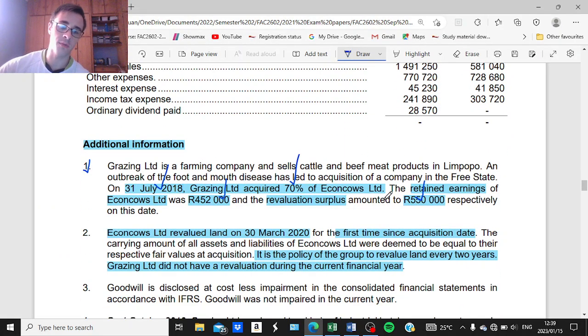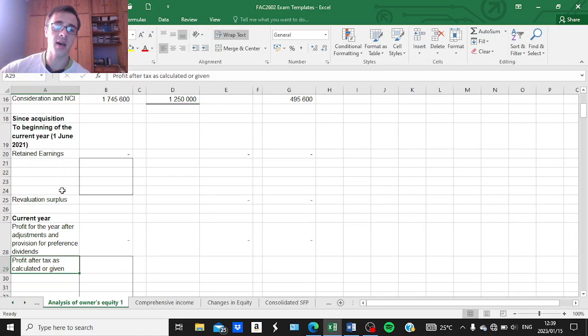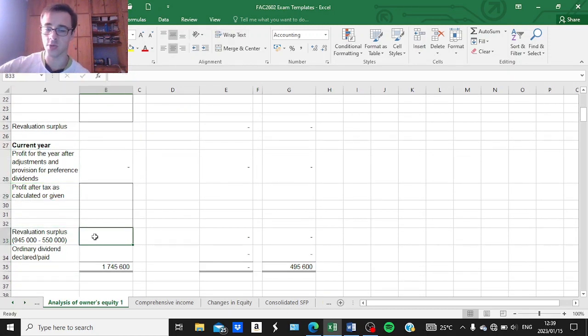That is according to additional information point 1. All right. And once again, we need to show this in the current year section because it occurred within the current financial year and it pertains to the subsidiary. So we have to include this in the analysis of owner's equity.